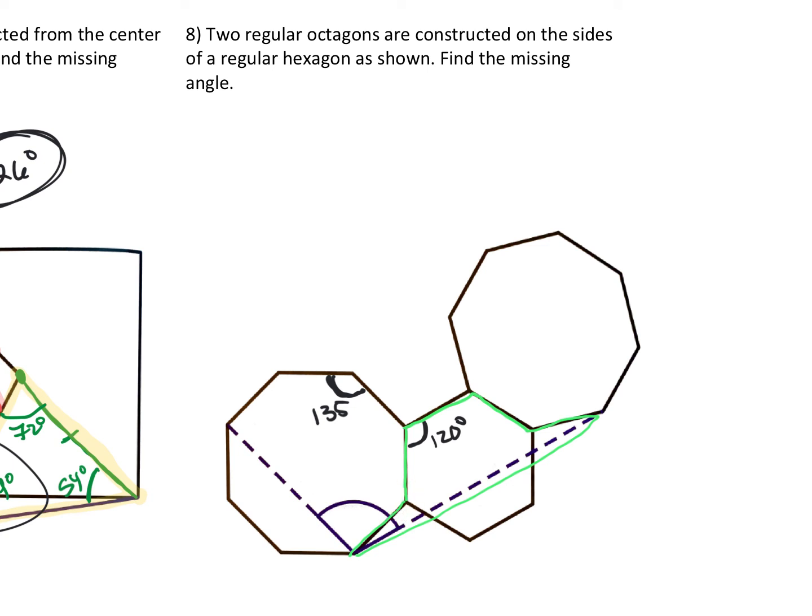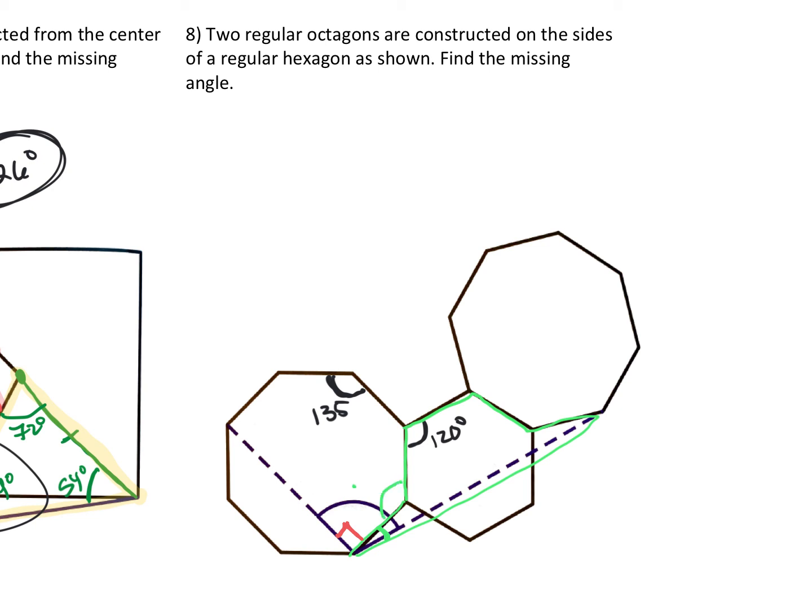This big angle here and this big angle here are going to be the same, as is this little one and this little one. And what I'm doing right now is trying to get this little one, because I'm feeling very confident, just the way that the octagon is created, that this is a 90-degree angle. So really what I'm trying to do is find that little one right there.